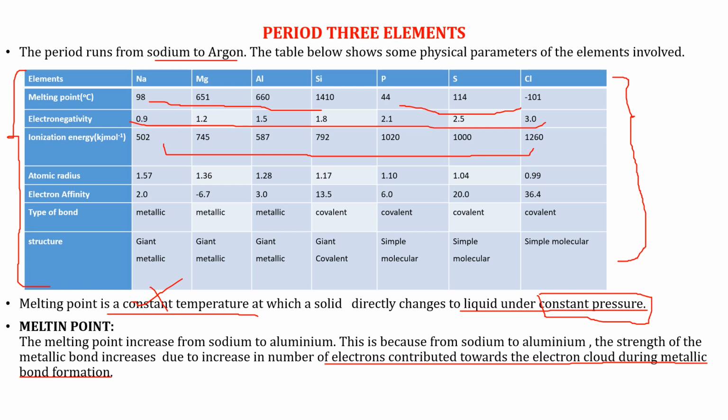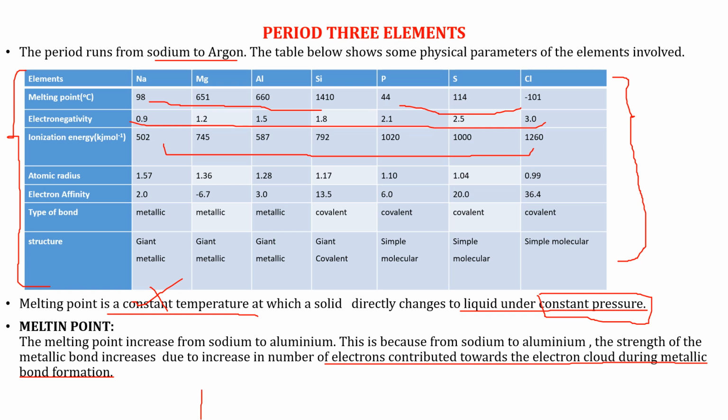I said metals have strong electrostatic forces of attraction, and their structures are held by metallic bonds. And those metallic bonds, their strength depends on either atomic radius or number of electrons contributed for metallic bonding.